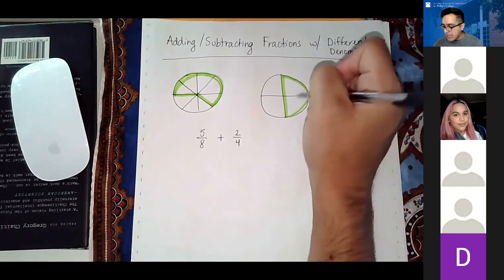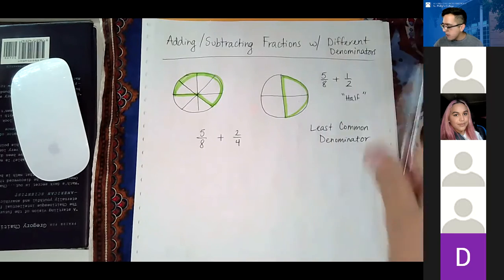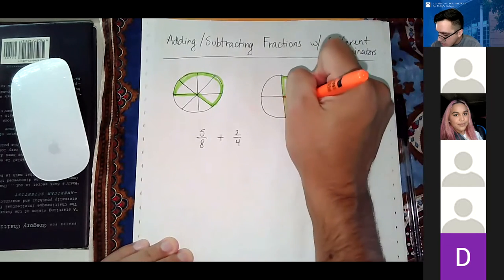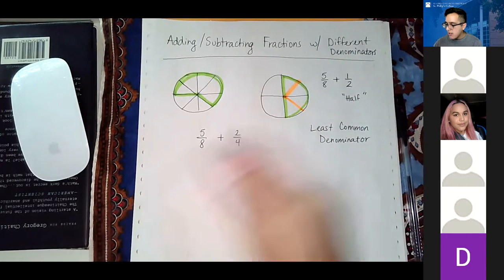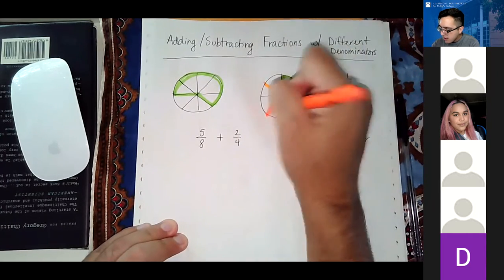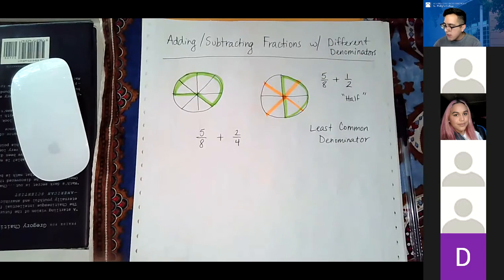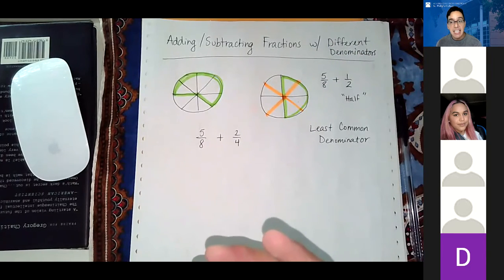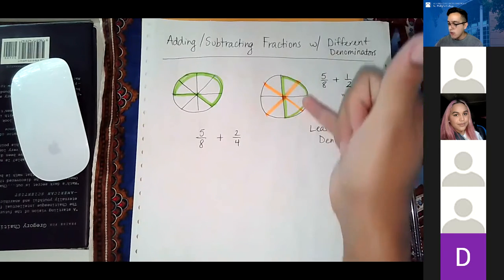So right now I'm looking at 2/4, but if I cut them up so that they're equal size, and do that to the whole pizza, like so, well, now I have 1, 2, 3, 4, 5, 6, 7, 8, right? We have a denomination of 8 for each of these slices. So now how many eighths of a pizza does this 2/4 represent?